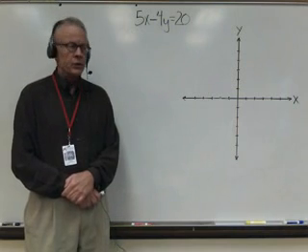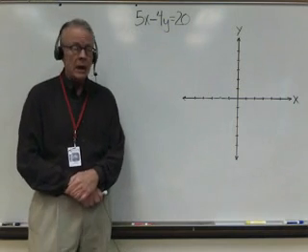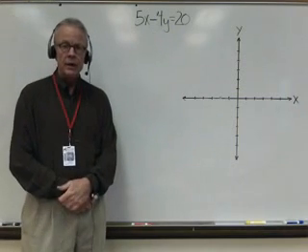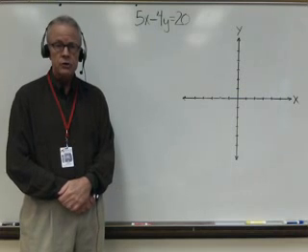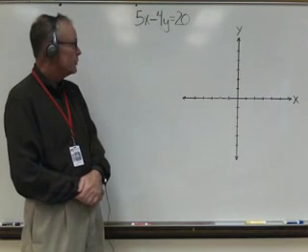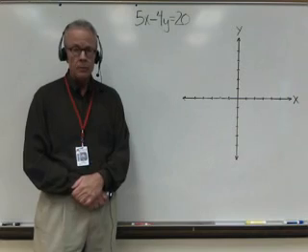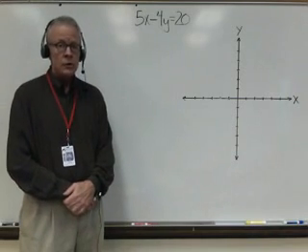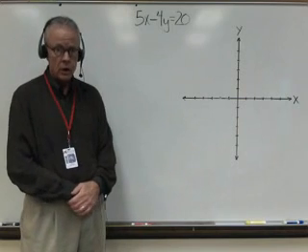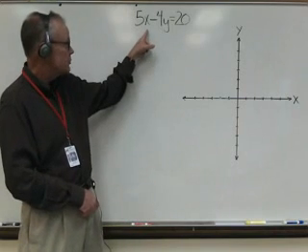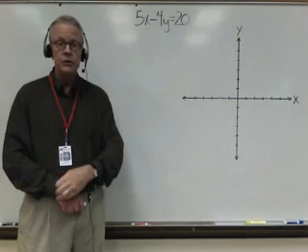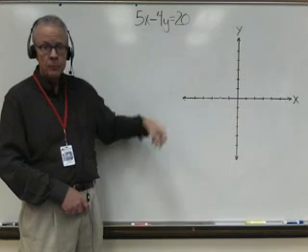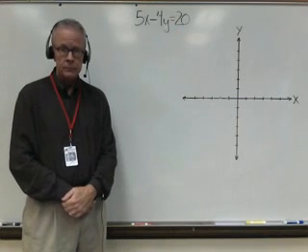But anyway, today I'm going to show them how to graph an equation by finding both its x-intercept and its y-intercept. This method works particularly well when the equation is written in standard form. Standard form, as you'll recall, means that both the x and the y are on the same side of the equal sign and the constant, the number, is on the other side.